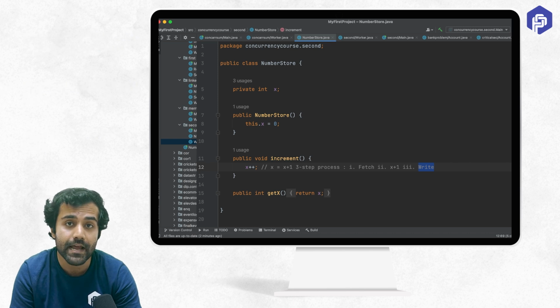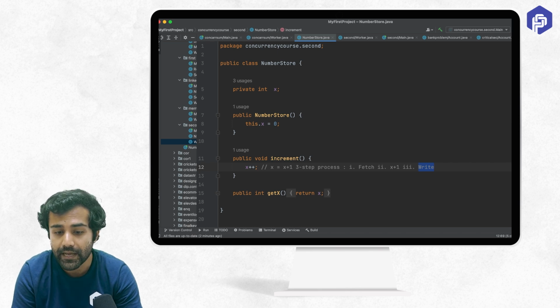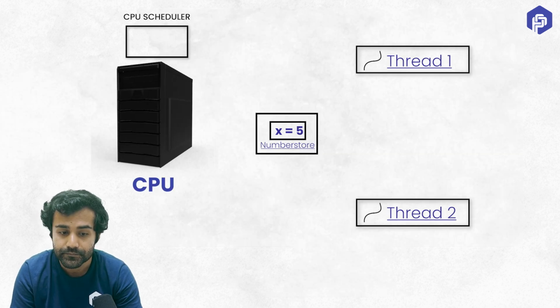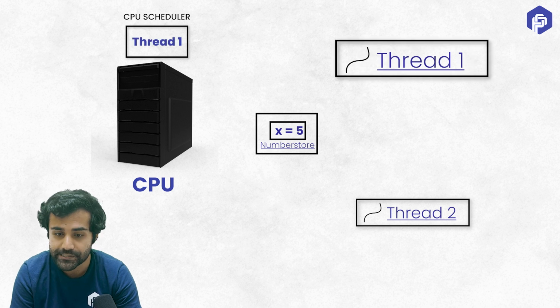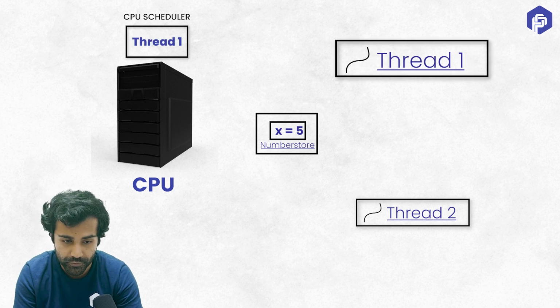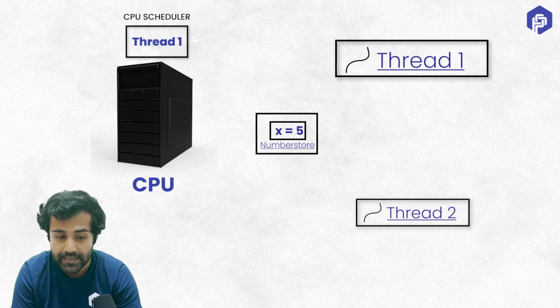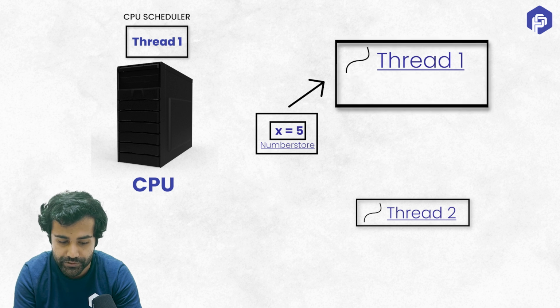And now we understand how threads are scheduled. They are all scheduled in a random way, in a time-sliced manner on the CPU cores, right? So let's say your thread 1 got scheduled at some point of time. When it got scheduled, the first thing that it did as a part of this operation was to fetch.